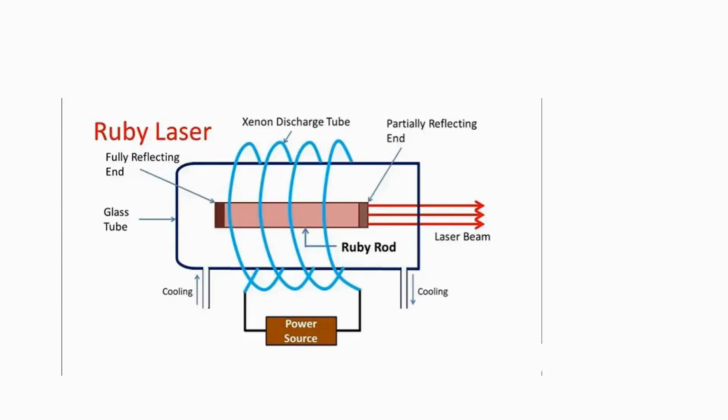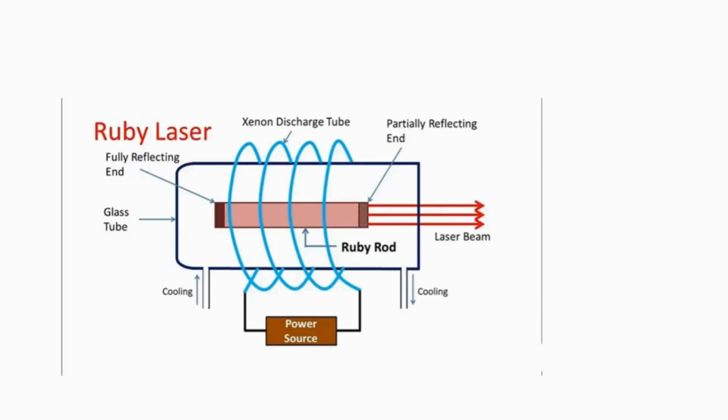So let's see the construction and working of a ruby laser. The ruby laser was first created in the year 1960 by T. Maiman. See in the figure, a ruby laser is a 3-level solid-state laser that uses a ruby crystal that acts as an active medium where the population inversion is achieved.